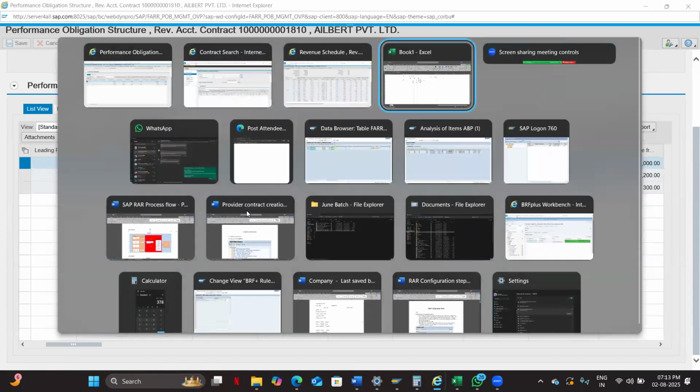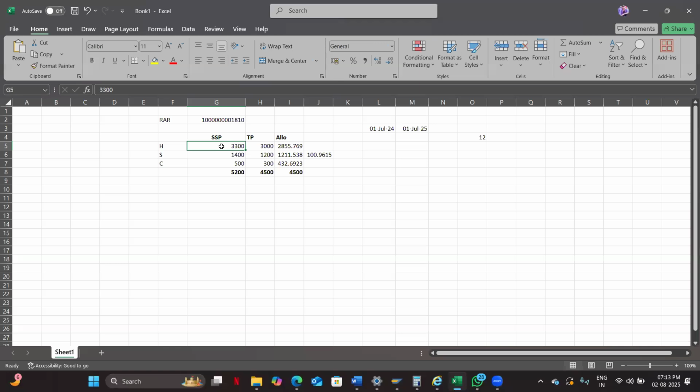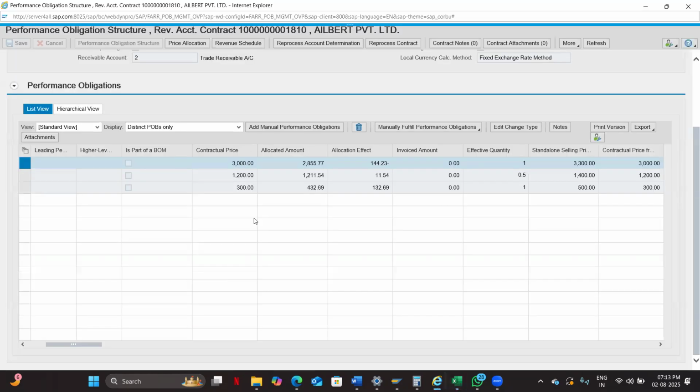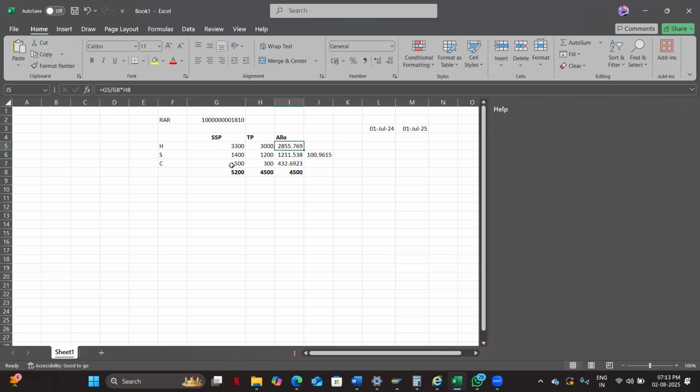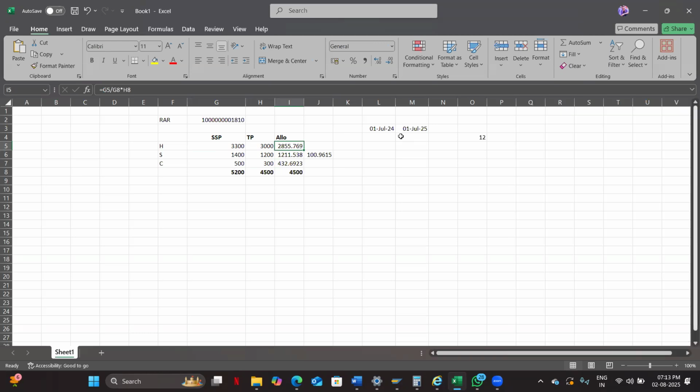This is the example I took. The transaction prices are 3000, 1200, and 300. I have taken the standalone selling prices as 3300, 1400, and 500.